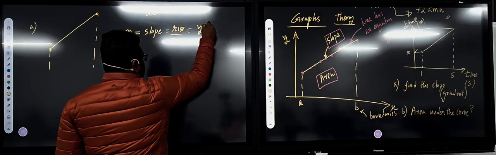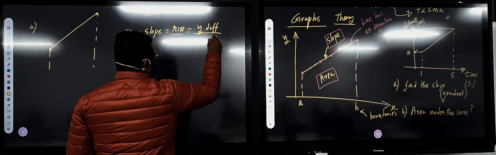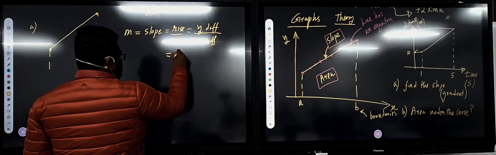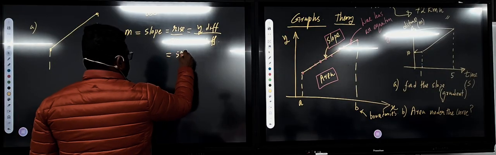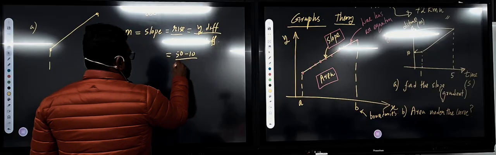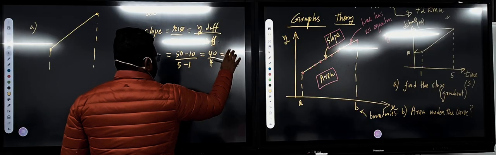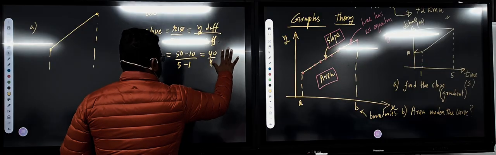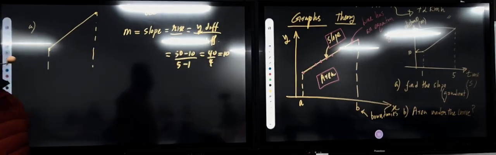Rise over run is y difference divided by x difference. So y difference is 50 minus 10 divided by 5 minus 1. So 40 divided by 4, 10. Yeah? 10, right? What are the units?